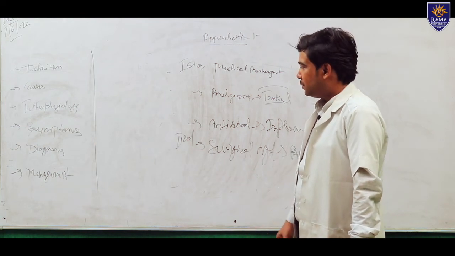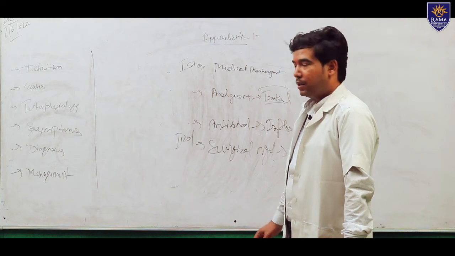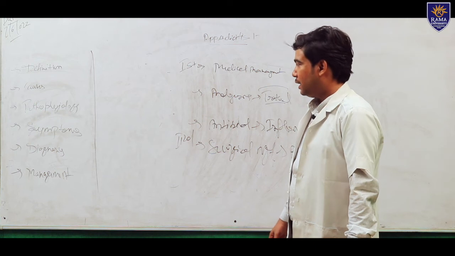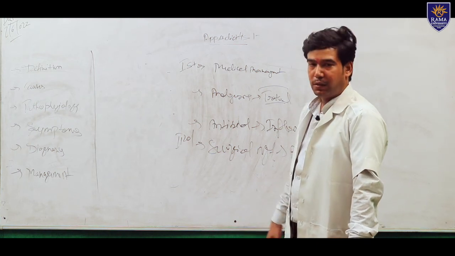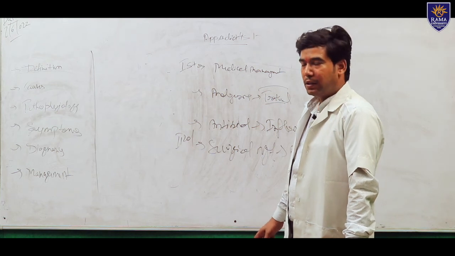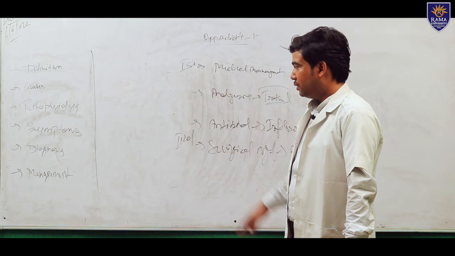Then the symptoms: there are lots of symptoms. First, due to infection the fever will increase, and others like anorexia, nausea and vomiting, uncomfortable sleeping, which we can call insomnia.